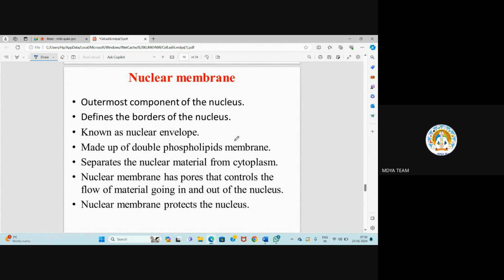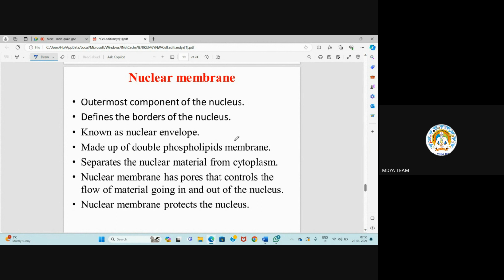As our brain is governing our whole body, as our brain is instructing us, like that only, nucleus is governing the whole cell. As per the instruction of nucleus, the cell acts. So you can see here that nuclear membrane is also having pores which control the flow of material going in and out of the nucleus.